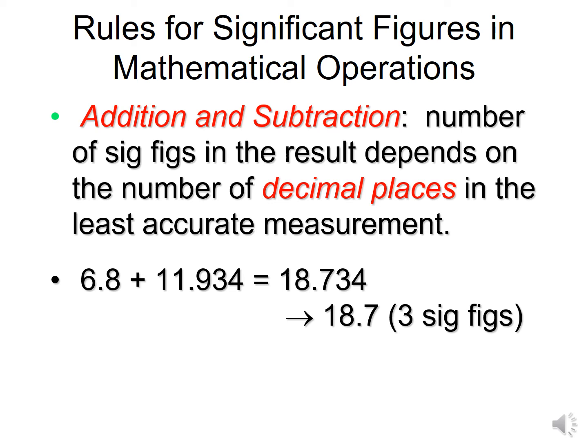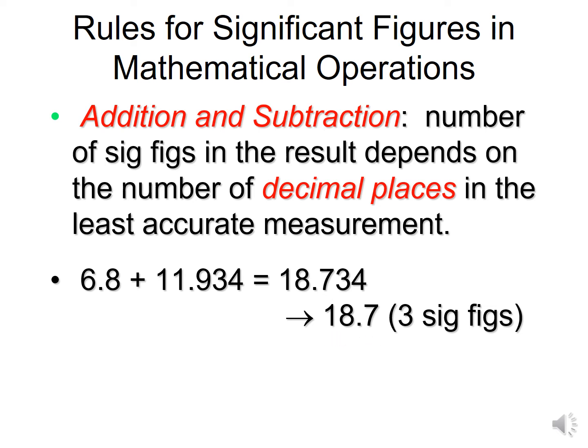We see that the result, in this case a sum, should have only one decimal place, because one of these 2 terms has 1 decimal place, the other one has 3. Therefore, the first one is the least accurate measurement, and our result cannot be more accurate than the least accurate measurement.